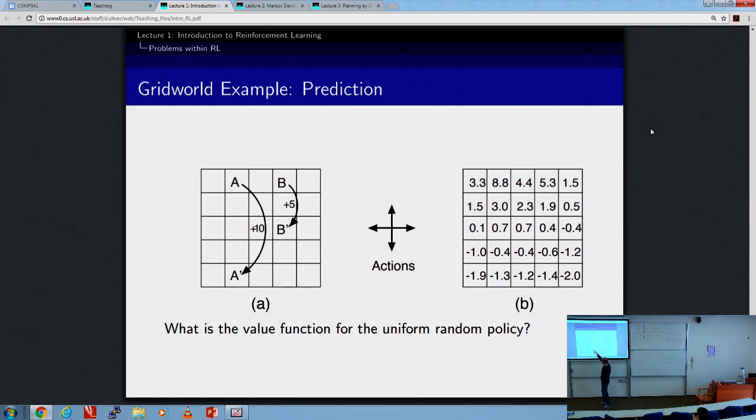If you actually come to A, you jump to A prime and get +10, and B makes you jump to B prime, gives you +5. So if you have an agent that basically lives in this universe for an infinite amount of time, then what can we say about the values of being in various states?